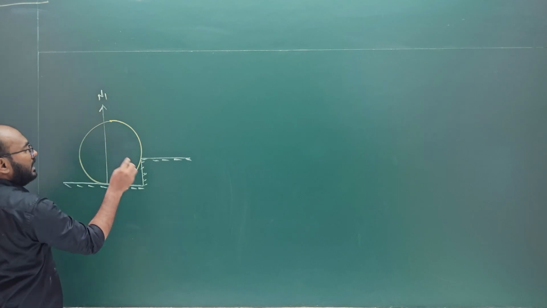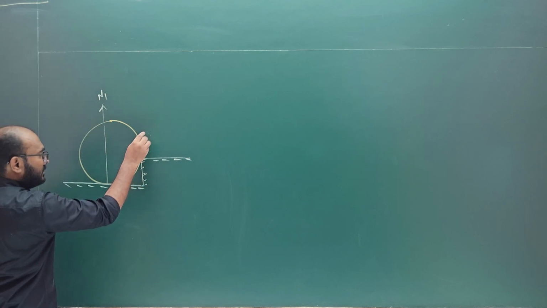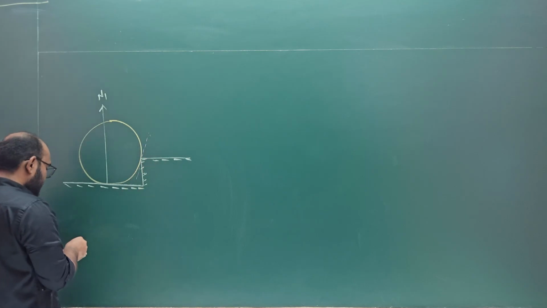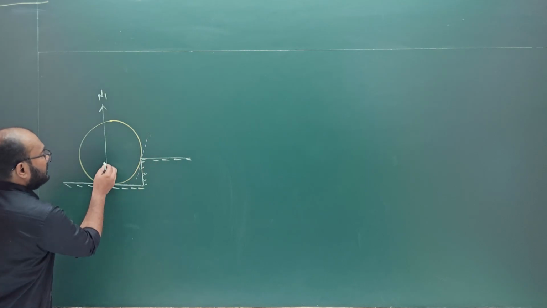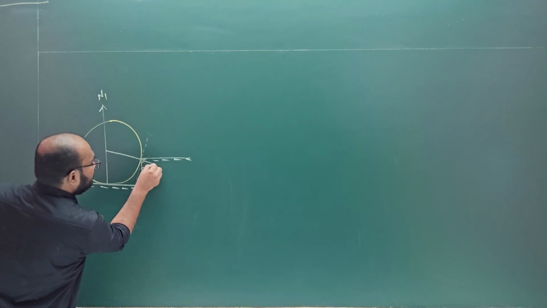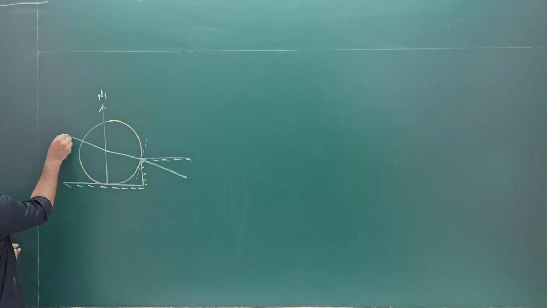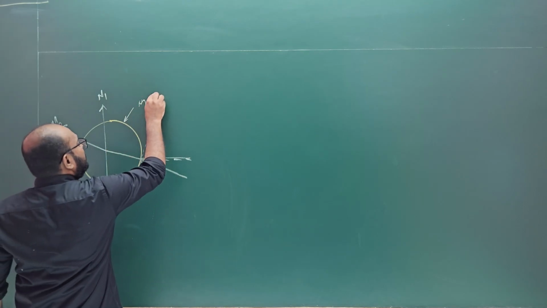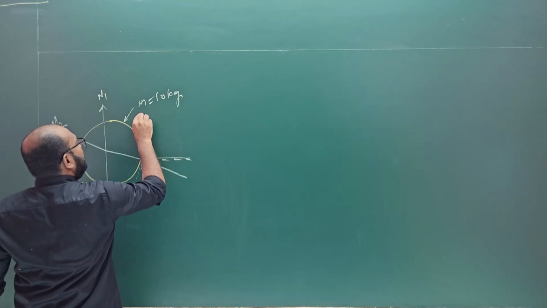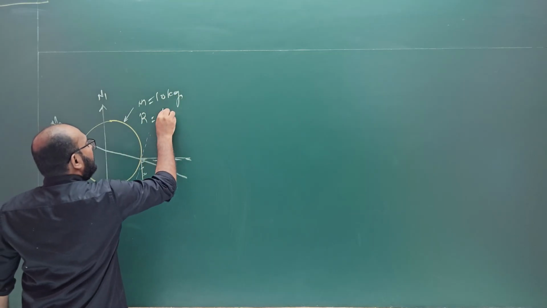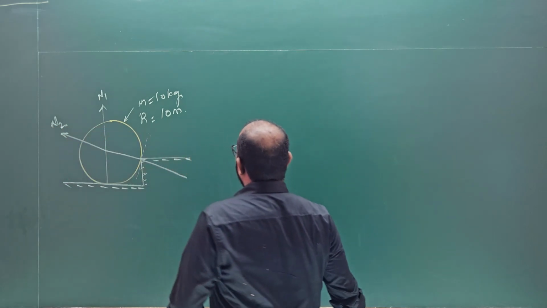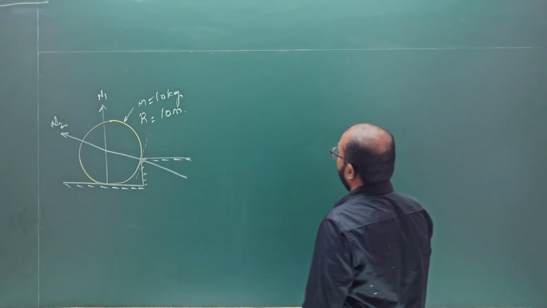Consider this as your N1 and one normal definitely passing through like this. We have to draw a tangent over here, then it will definitely pass through the center again like this. And you will find this as your N2. Yes or no? Consider this one has a mass equal to 10 kg and let's say the radius of this sphere is what? 10 meter. Okay. Similarly, if one more system is being arranged like this, let's say like this.